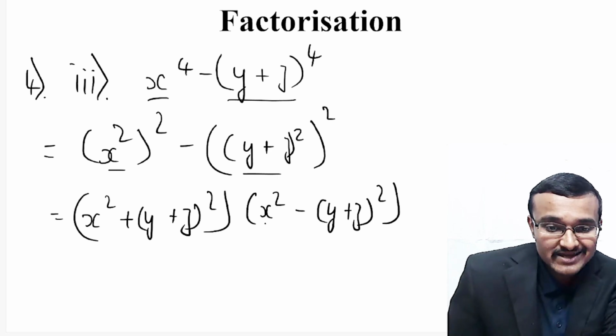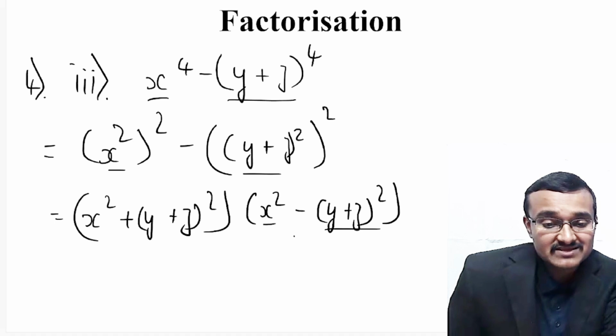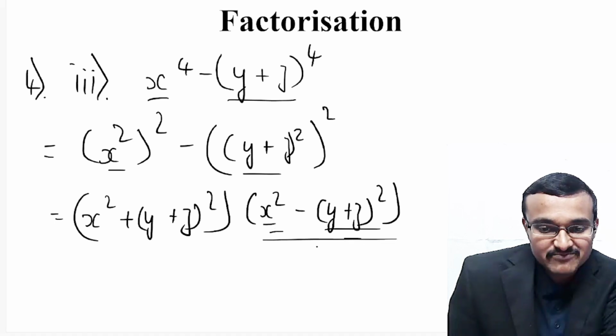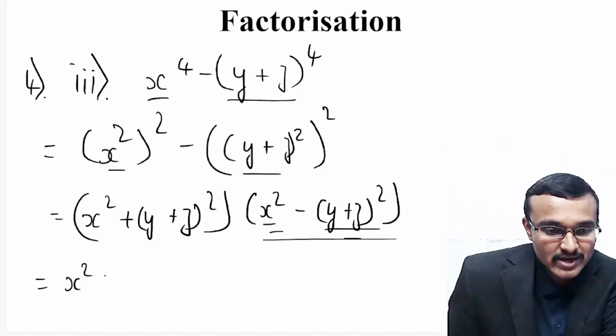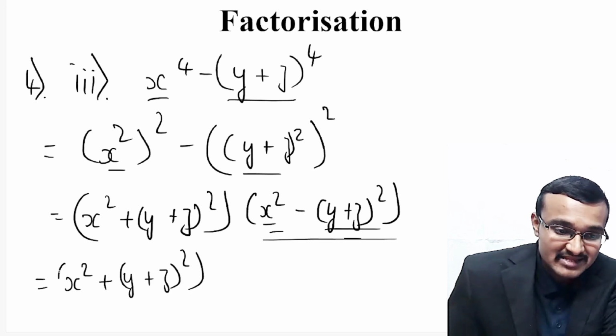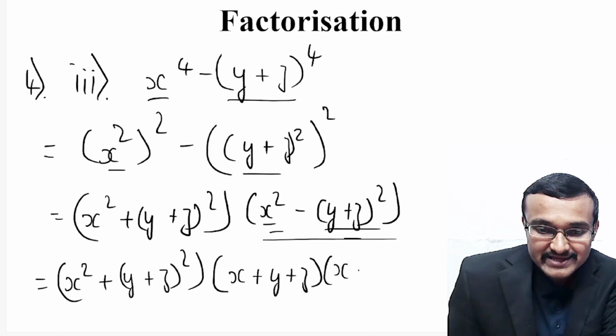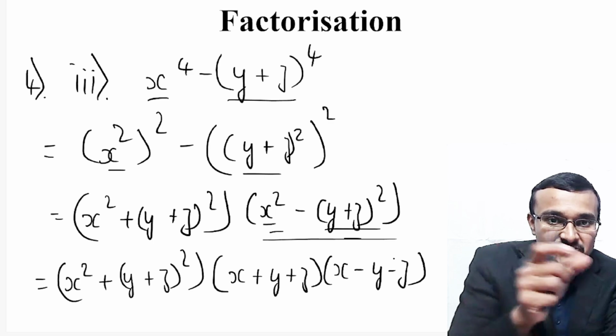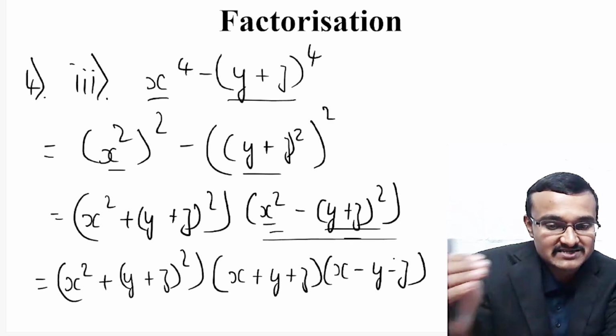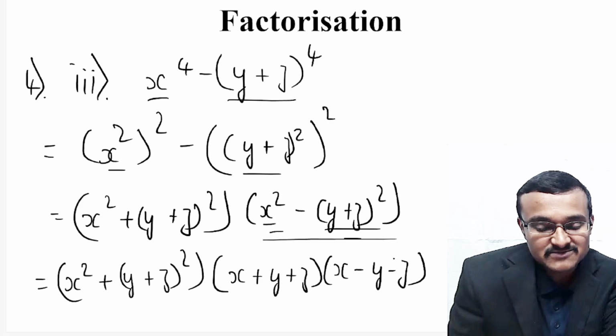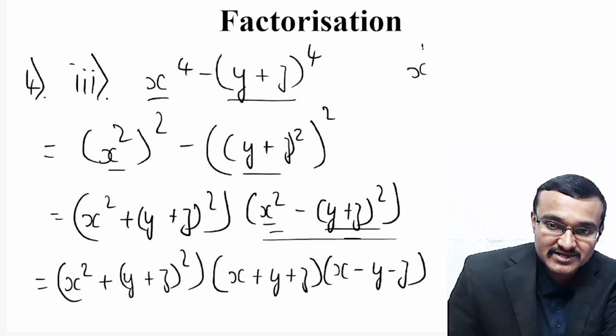So now you can see this x square minus (y plus z) whole square. This is also in the form of a square minus b square. So we can expand this as well. So (x square plus (y plus z) whole square) will be there in one particular bracket. In the second bracket it will be (x plus y plus z) into (x minus y minus z), because x minus (y plus z) will be there. So when you remove the bracket it will become minus y minus z. So (x plus y plus z) into (x minus y minus z). That is actually x square minus (y plus z) whole square.